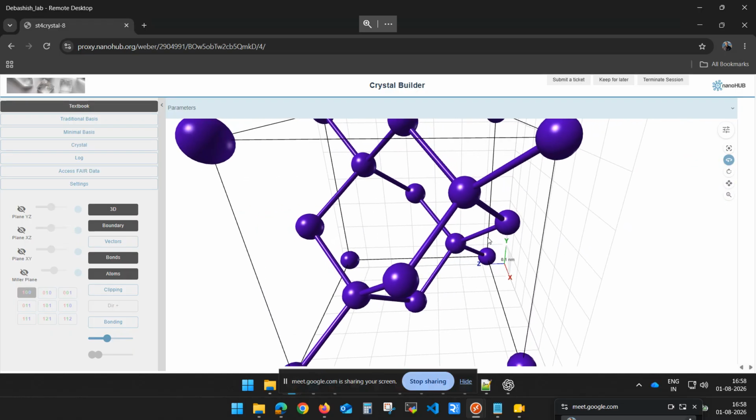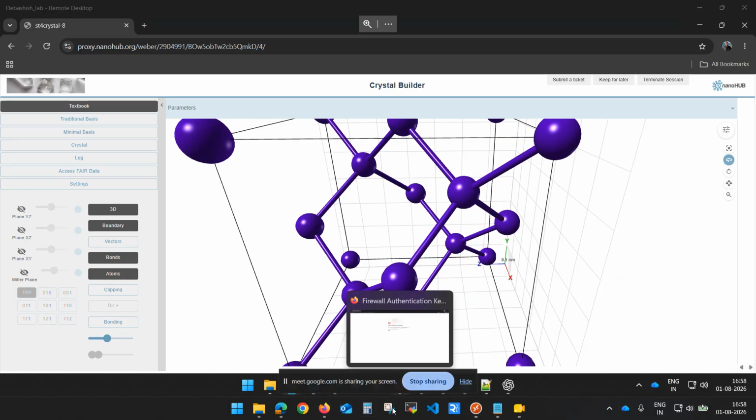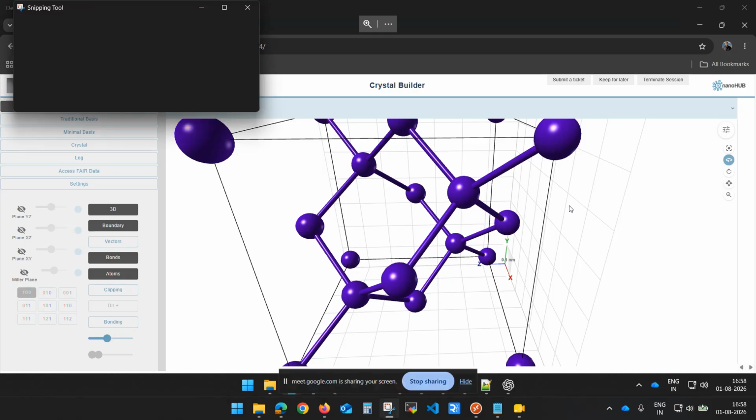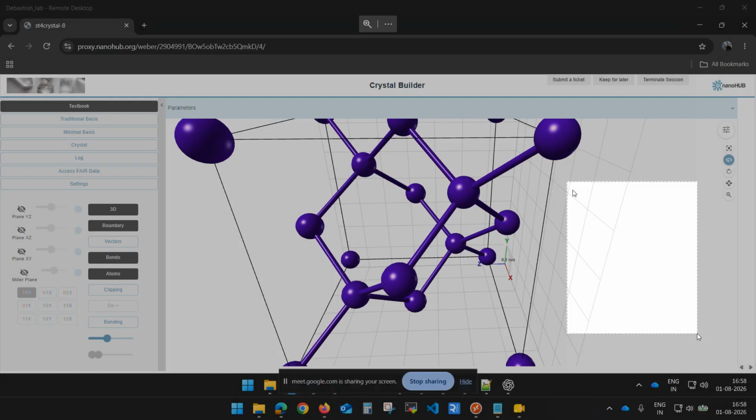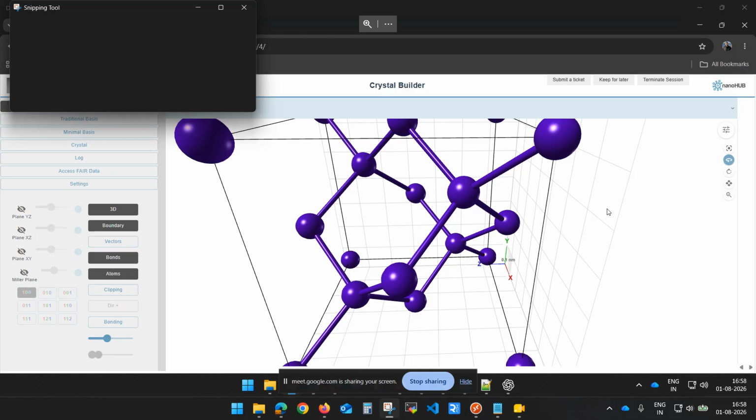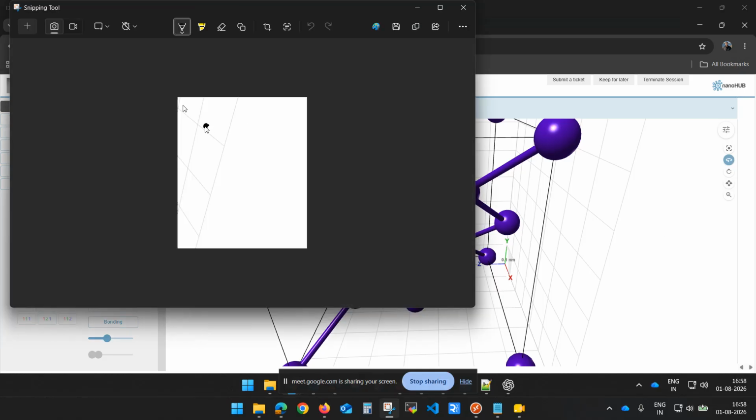Then the question should be, in the bond model, we generally draw it as if my silicons are connected like this, right? We always draw it like this, with 4 silicon atoms connected.